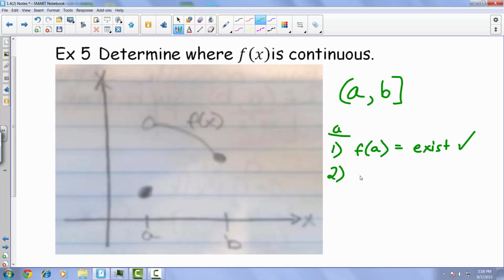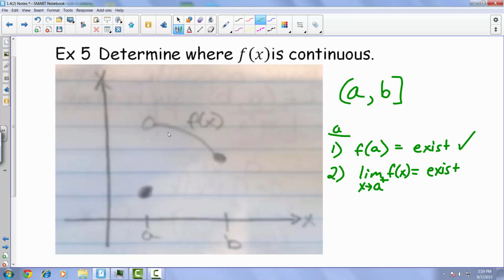Criteria 2, the limit as x approaches a of our function f of x. And we have to specifically say a from the right side, because there's really no left side to this guy. Does that exist? And the answer to this is yes, it does in fact exist.